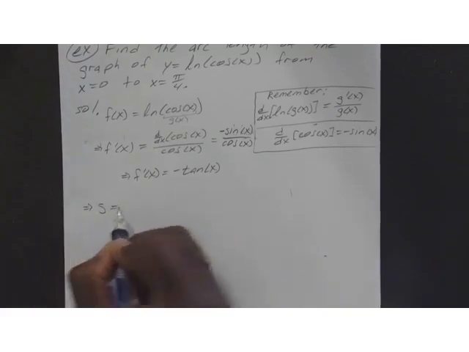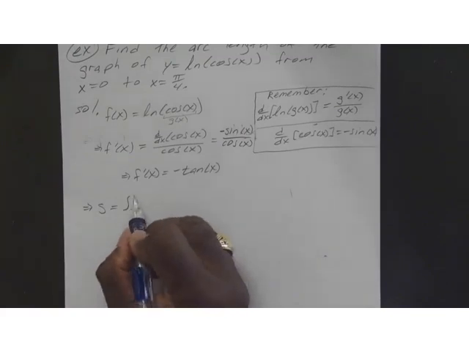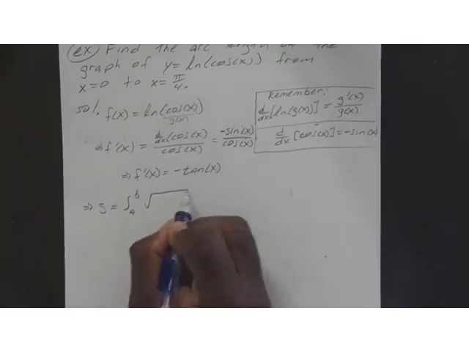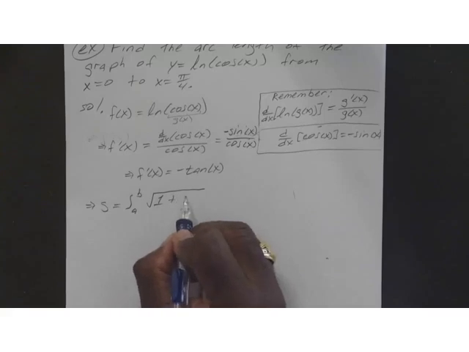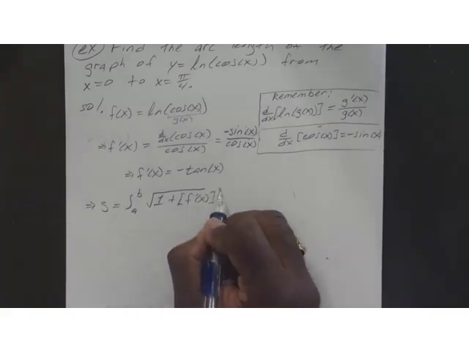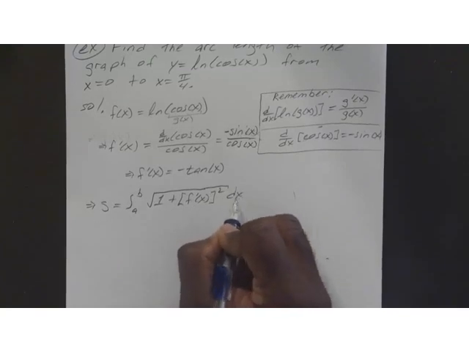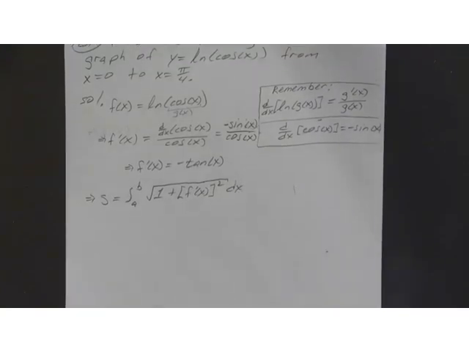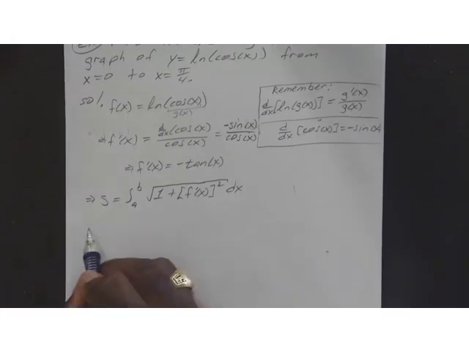So that means our arc length, which is equal to the integral from a to b of the square root of 1 plus f prime of x squared with respect to x, we plug in everything that we know.